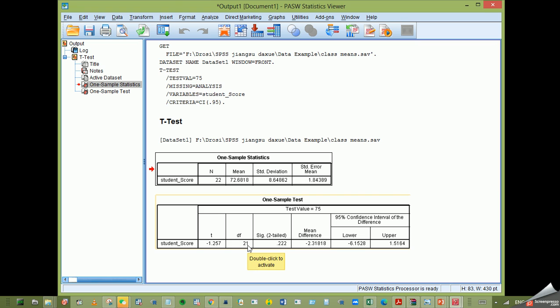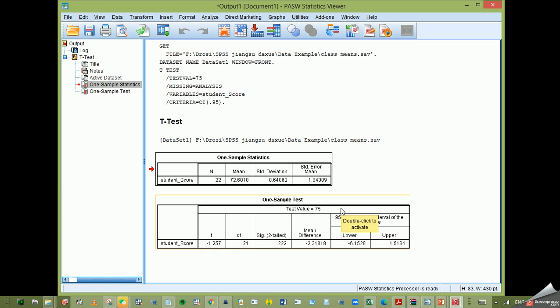Maybe we are checking a new way of teaching, and the new way can get the students to understand more. So we are looking for the test to be significantly different.